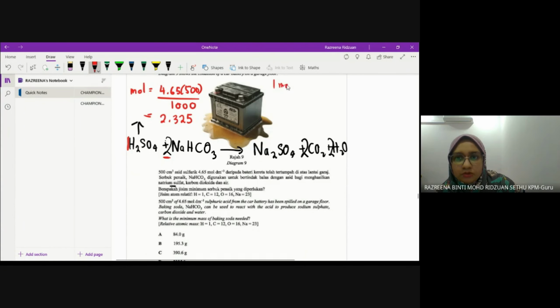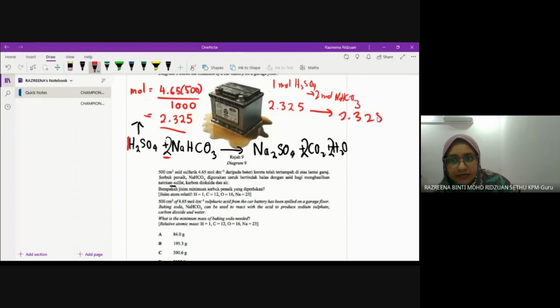So 1 mole H2SO4 gives you 2 mole of baking soda. Now you are using 2.325, so you must times 2. 2.325 times 2, you get 4.65. This is the mole, and they want the mass.